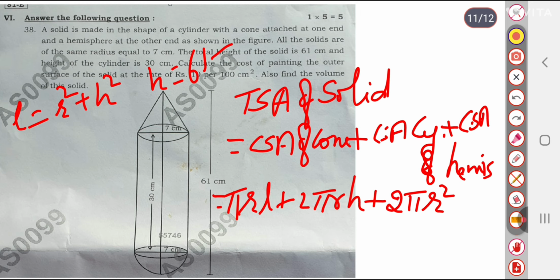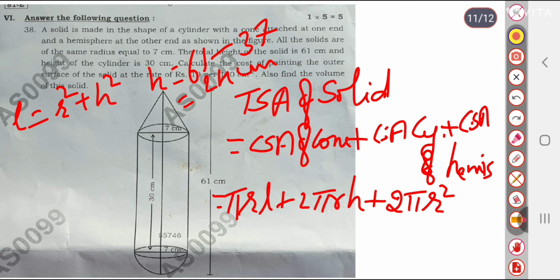So 7 and 30, totally 37 we have to subtract. If we subtract 37 from 61, we will get height of the cone, that is 24 centimeter.